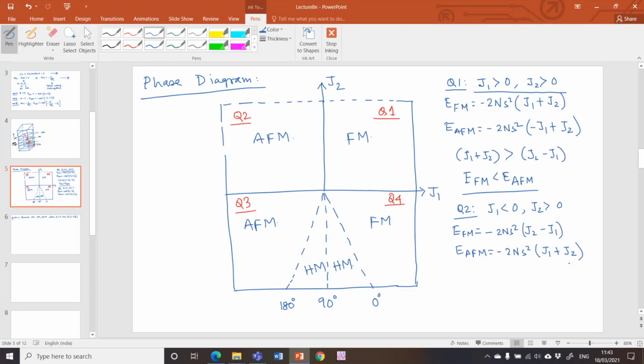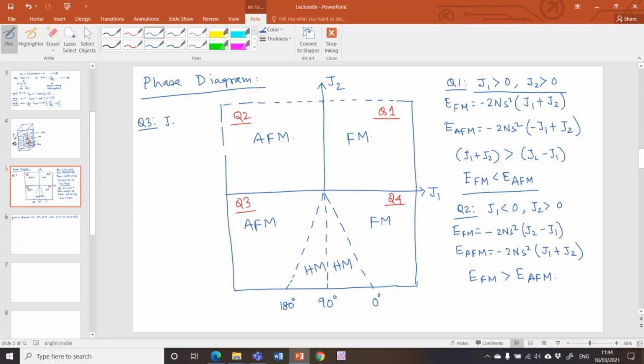So it is just the opposite of this. So here EAFM will have a greater energy than EFM. Similarly, if you want for Q3, we can try.